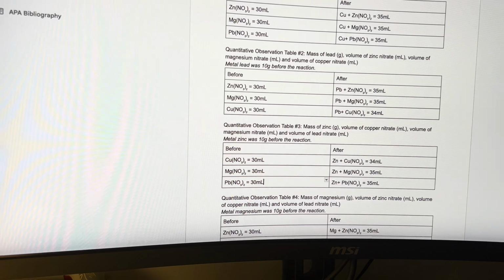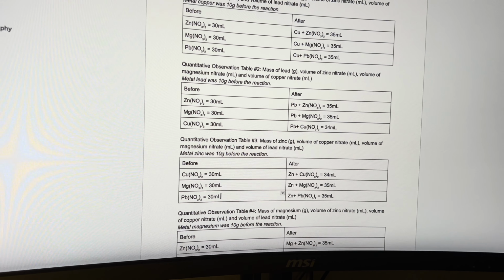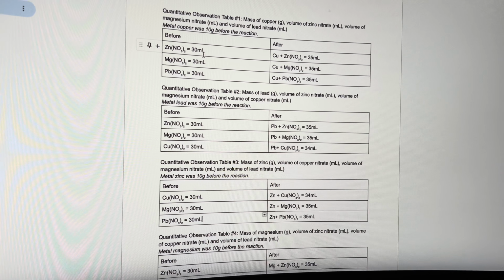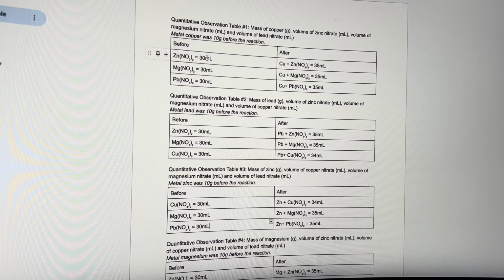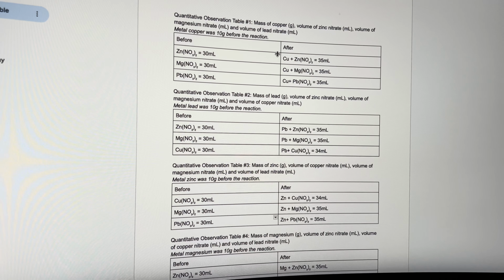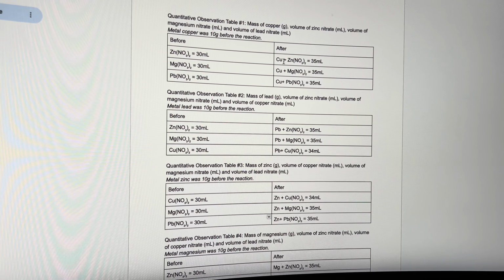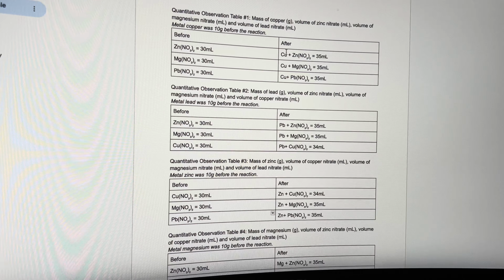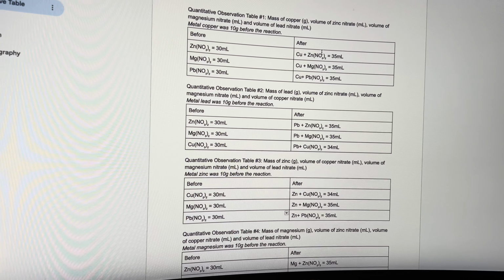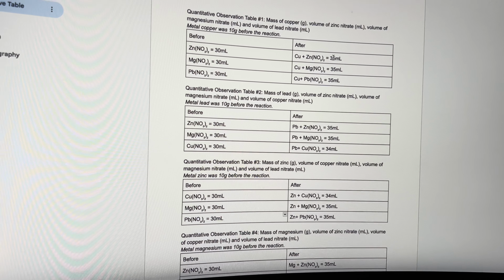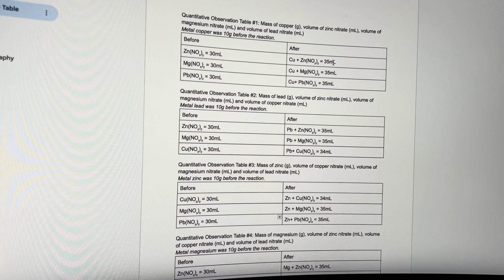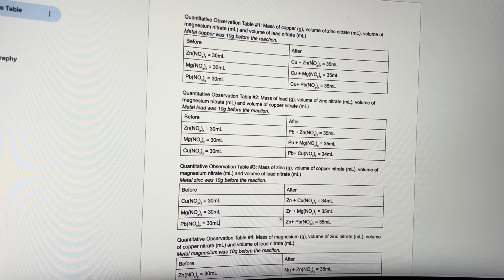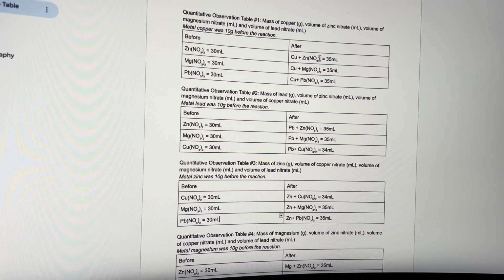Therefore, under quantitative observations, for zinc nitrate, we started off with 30 milliliters, and after we added the copper solid, we went up 0.5 milliliters, so from 30 to 35.5 milliliters.